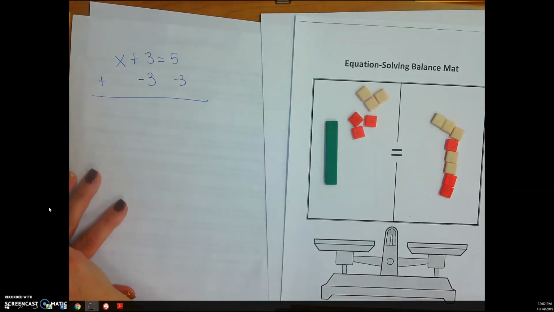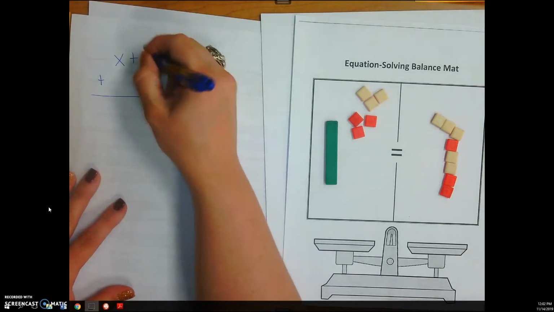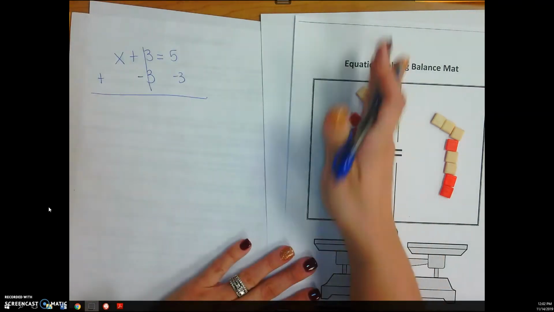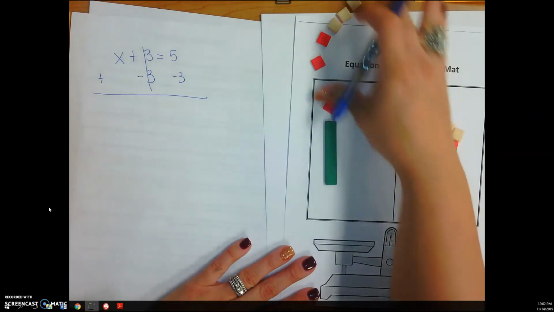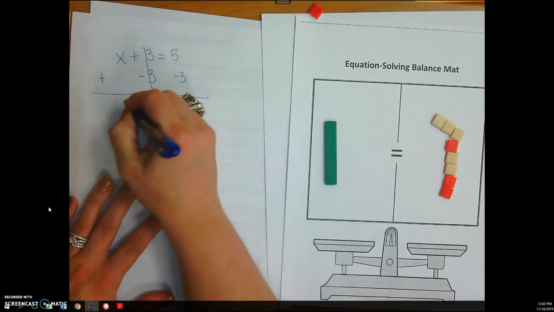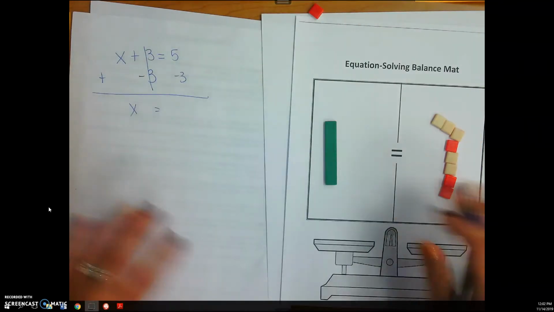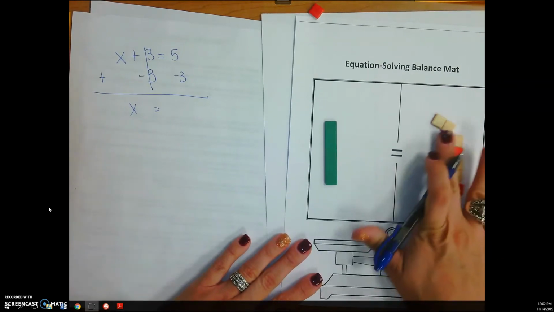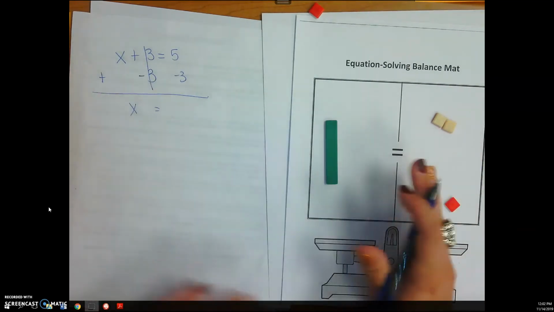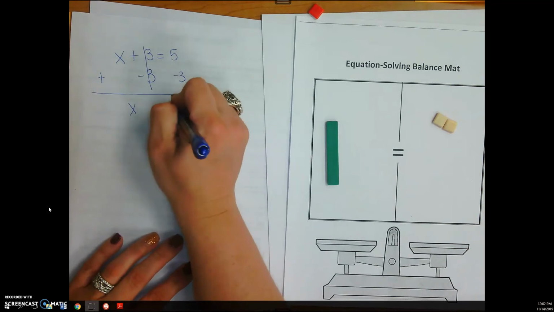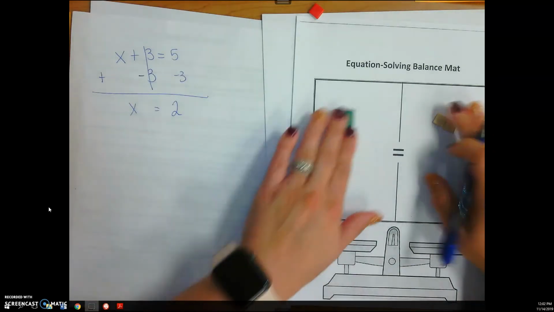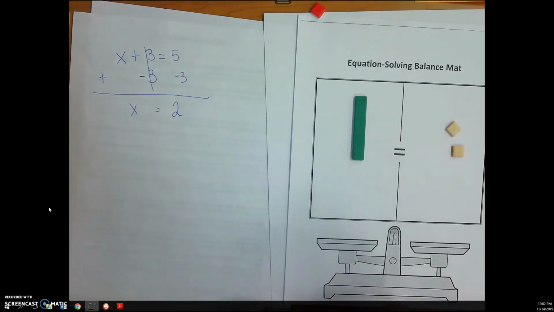Okay, so in doing that, our 0 pairs then were canceled. And we're left with our variable on this side. And then our 3 0 pairs over here were canceled. And we were left with 5 plus negative 3 is a positive 2. So our variable is worth 2. Okay.